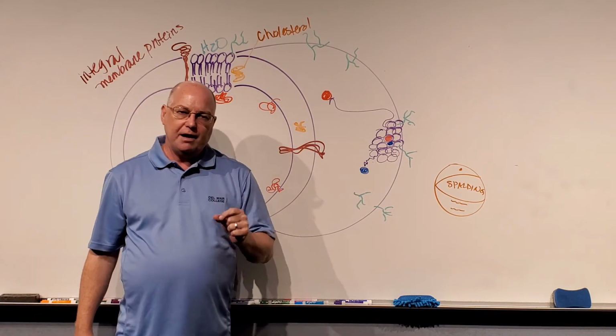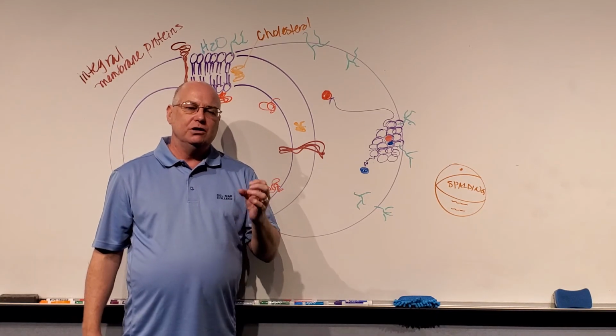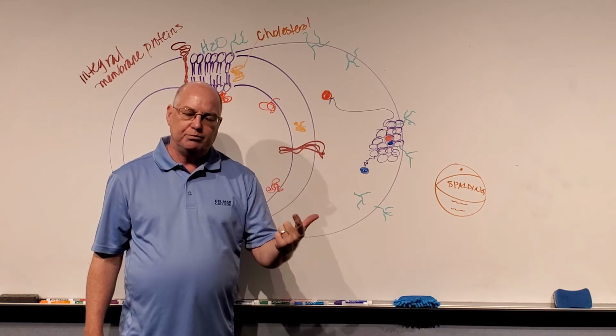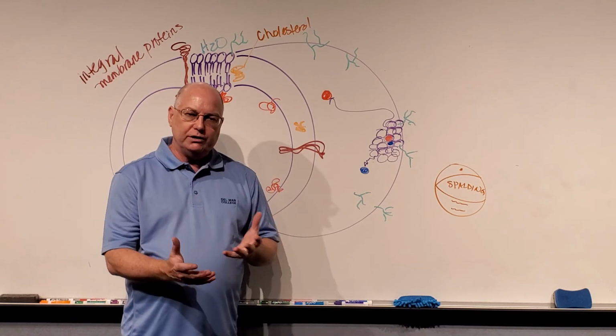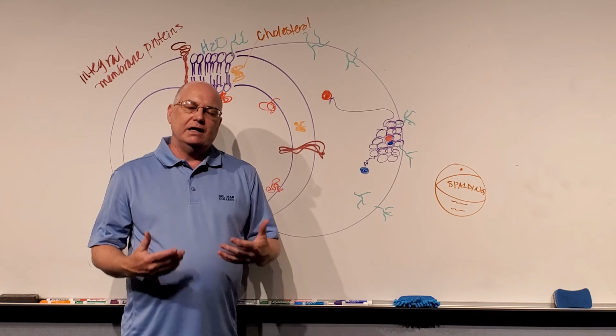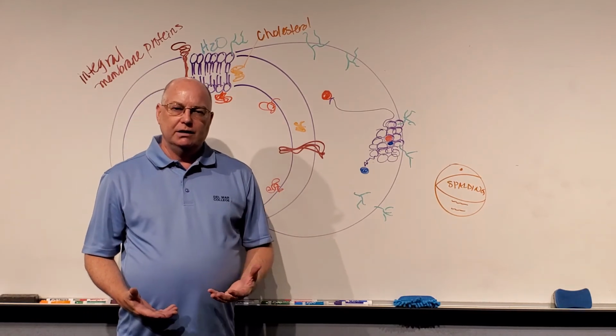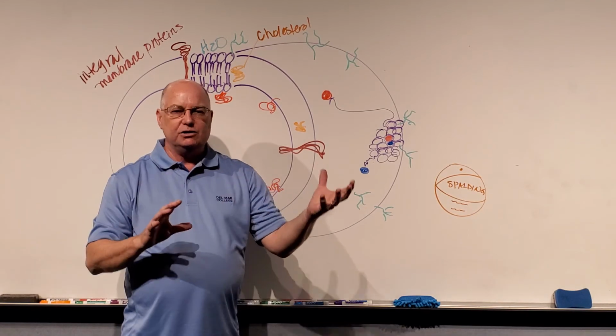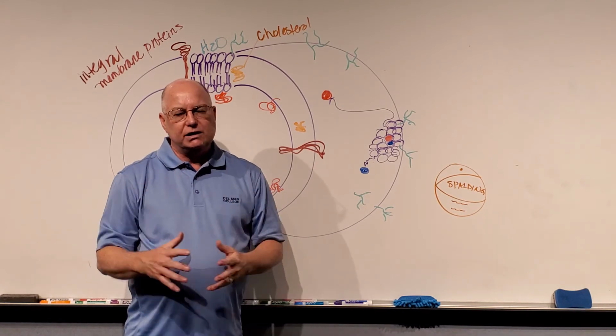So it is a dynamic, complex mixture of phospholipids, carbohydrates, cholesterol, and proteins that is always changing and evolving. That's the fluid mosaic model. It's a mosaic because it's a mixture of things. It's fluid because everything's moving around and constantly changing.